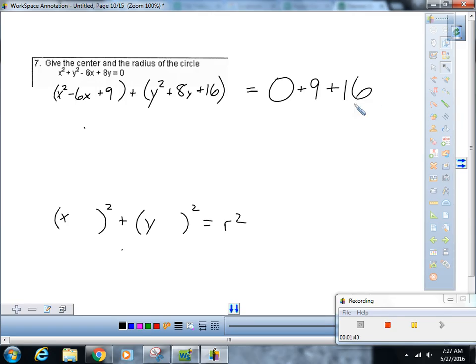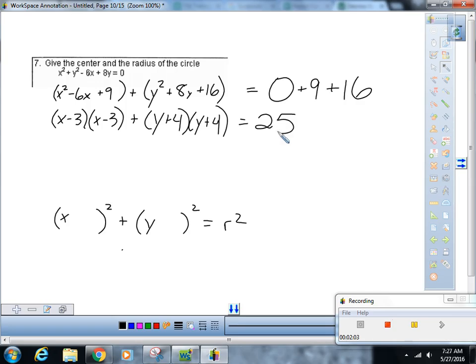Notice we're trying to factor this. What number multiplies to give you positive 9 and adds to be negative 6? Well, it's the number that's half of that one. That's what we basically just did. It's x minus 3 times x minus 3, plus y plus 4 times y plus 4, is 25.